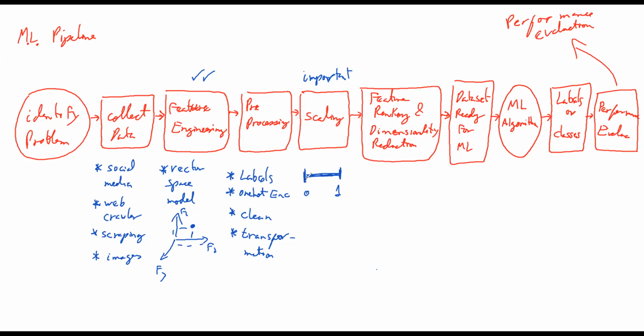Then there's feature ranking and dimensionality reduction, topics that I will cover later in the semester: singular value decomposition, the chi-square at least. And these are, again, algorithms. We most likely will not have time to cover something called principal component analysis.